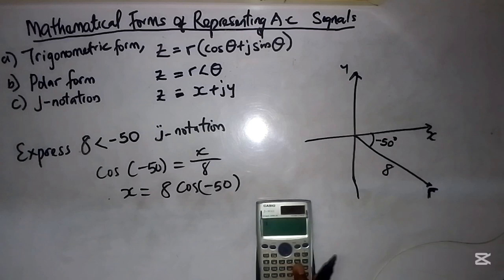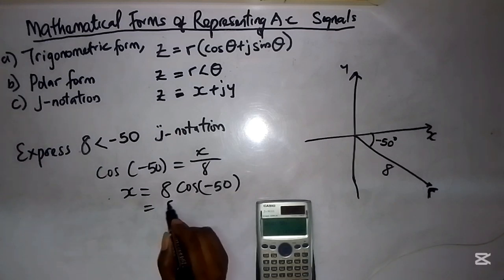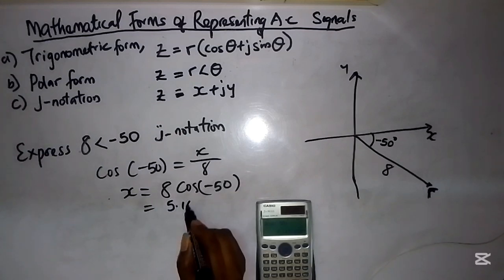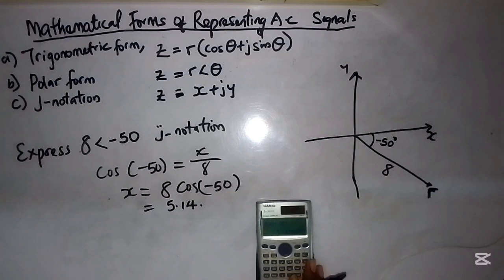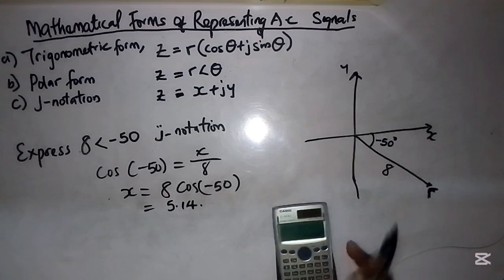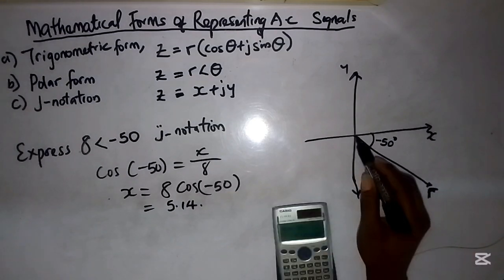So the expression is 8 cos minus 50, which is equal to 5.14.